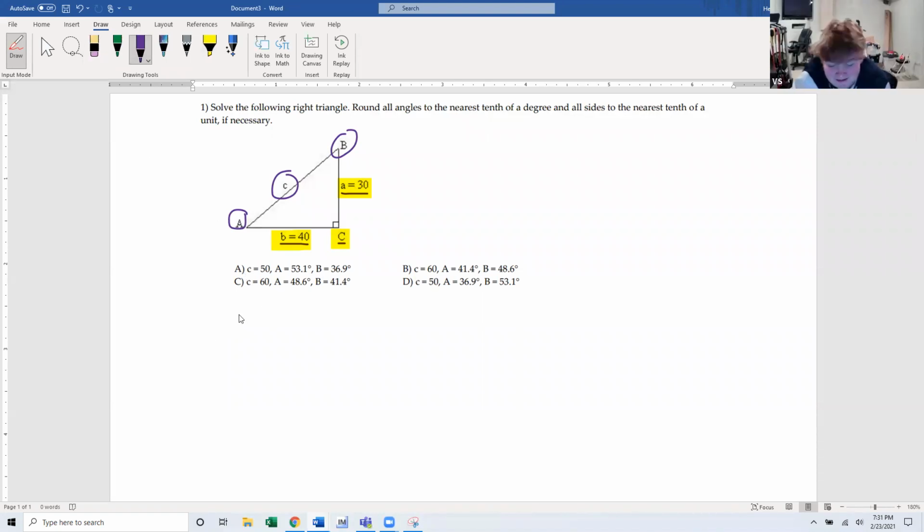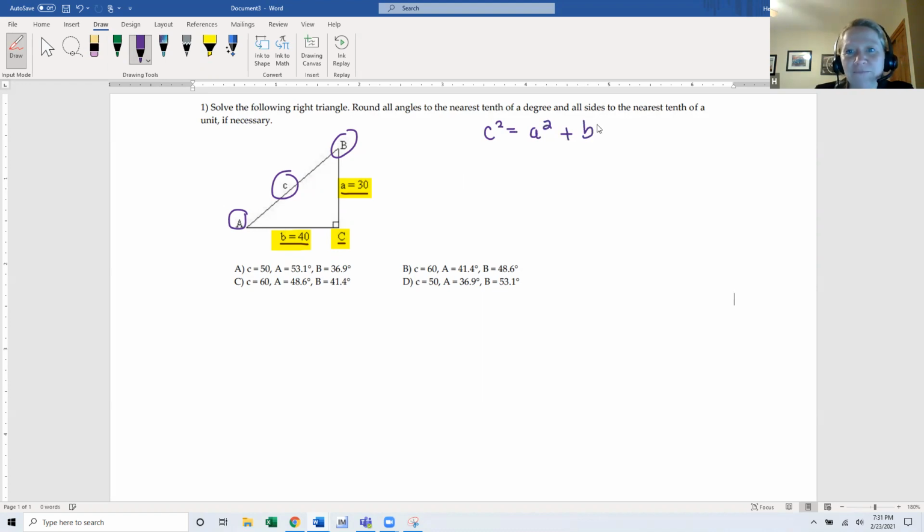Be very clear. Okay, so C squared equals A squared plus B squared. Pythagorean Theorem might be incredibly useful. So we know A and we know B, right? So we could go ahead and plug in A and B here.